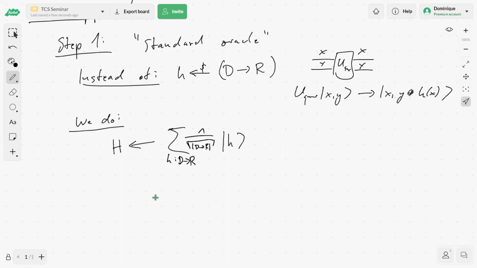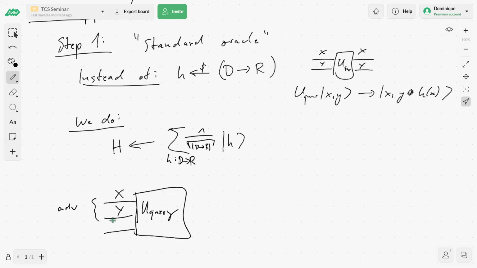And then we give the adversary access to a uQuery that is defined a bit differently. It has, again, an input and an output register, X and Y, and the adversary has access to those. But additionally, it takes this register H as an input register.